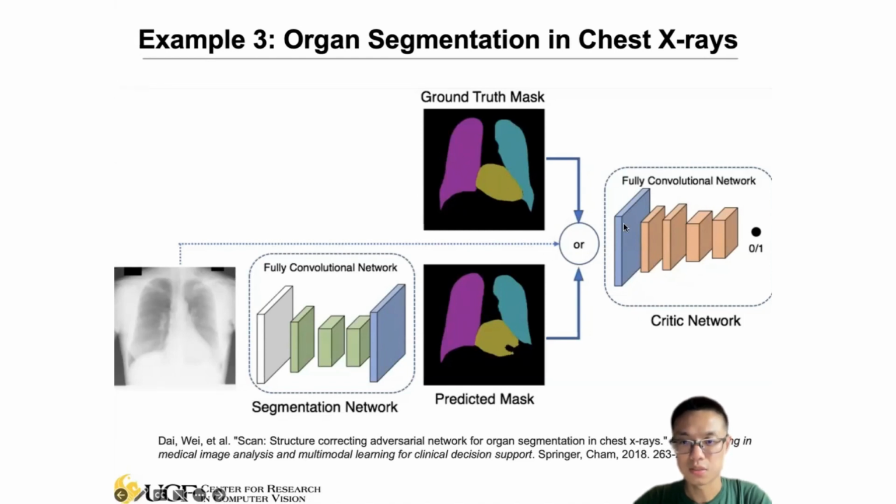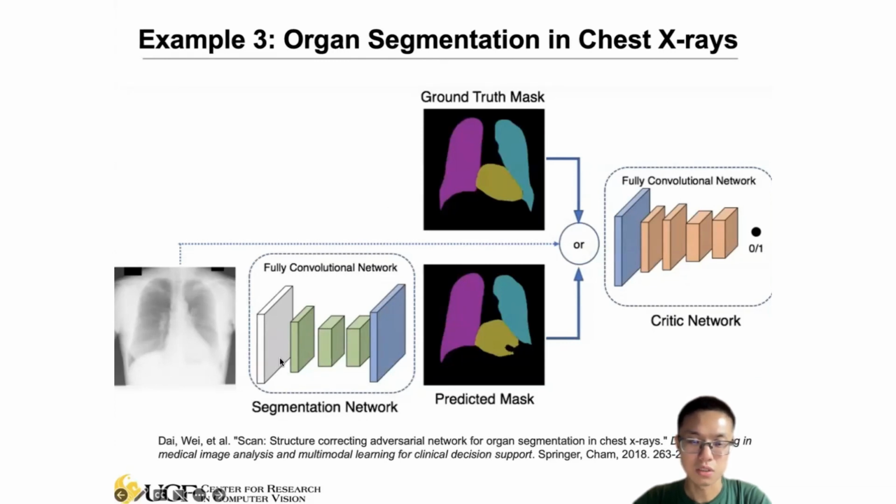And we can train this discriminator, or they call it a critique network, to tell if this predicted mask is going to be real or fake, okay? Real means this is very close to the ground truth. Fake means it is very different from the ground truth, right? And their generator is going to be the segmentation network. So they are able to formulate this segmentation into this kind of GAN training framework, right?